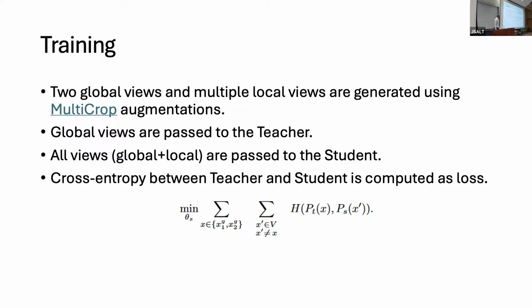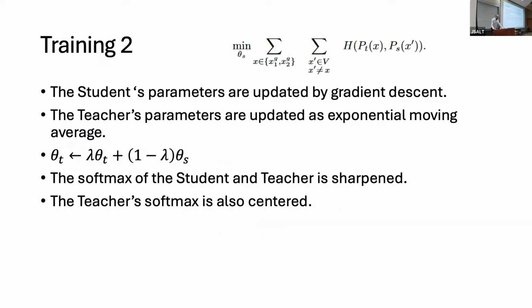The outer summation is done on the global views of the teacher, and the inner summation is just computing the cross entropy, in their paper denoted as H, between the softmaxes of the student and teacher, and you are trying to find the parameters of the student to optimize this problem.